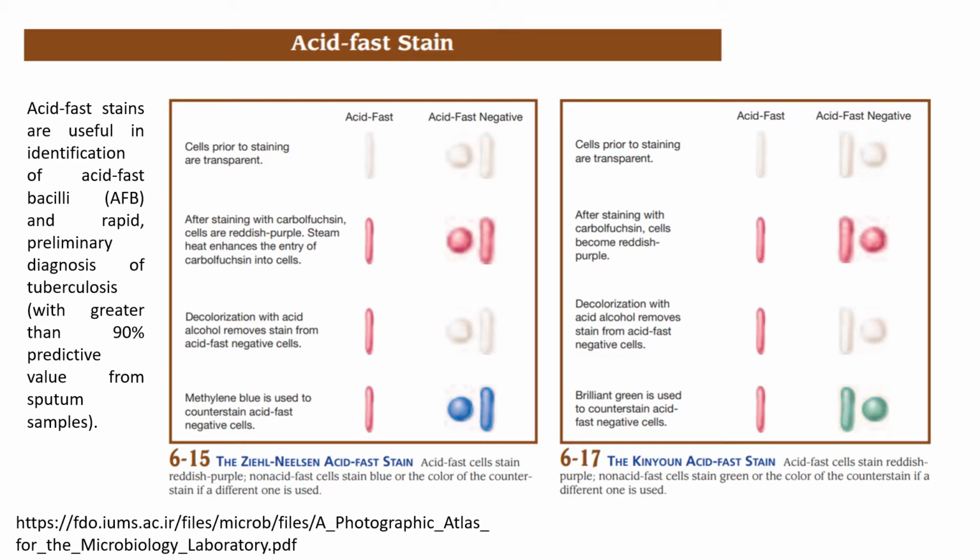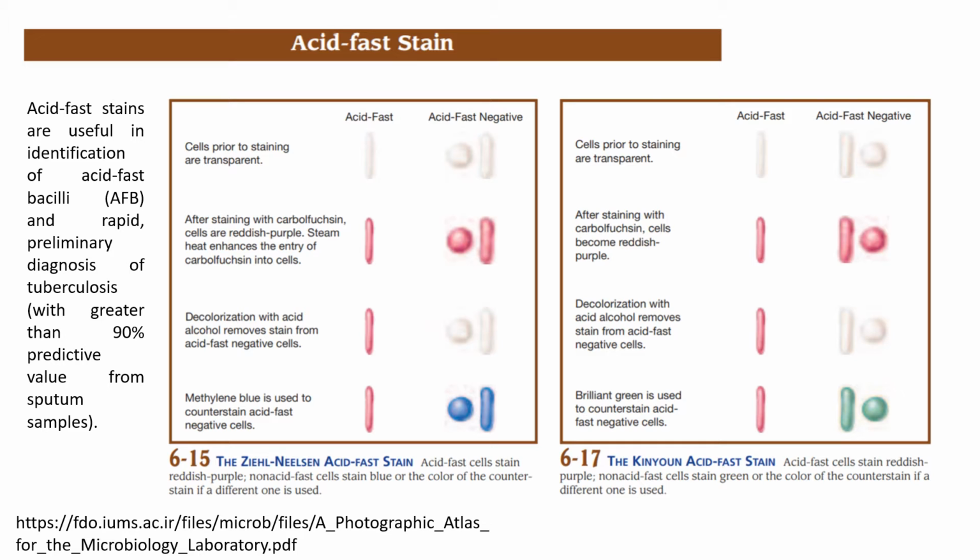So usually in gram staining, we put crystal violet and iodine, and then they form a complex inside the cell, in the cytoplasm. And then we use alcohol to wash away those complexes if it's gram negative.